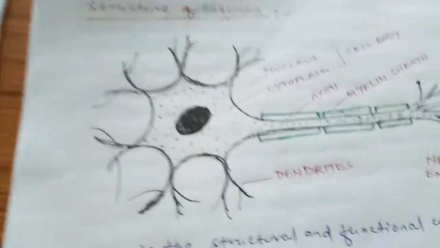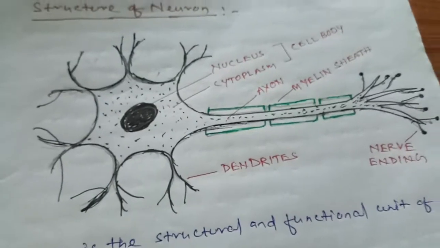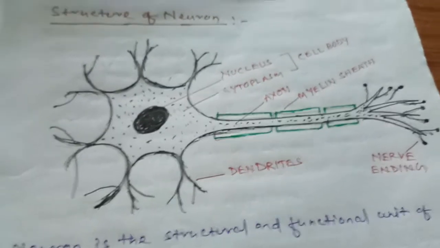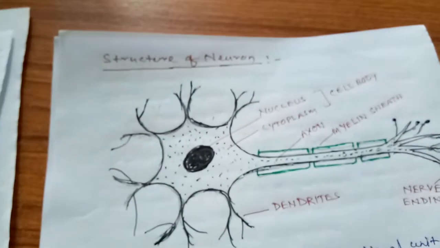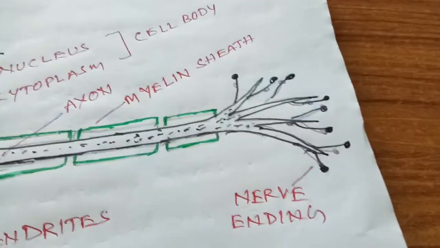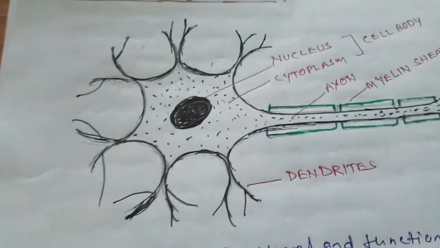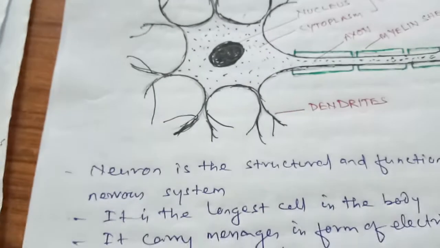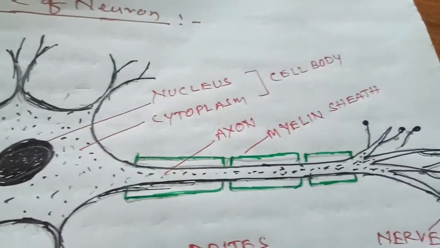Students, this is the structure of neurons. We should look at the structure carefully. A neuron has three parts: cell body, then dendrites, then axon. Okay, the cell body, students, is a specialized cell that contains cytoplasm and a nucleus. The cytoplasm and nucleus combined are called the cell body.